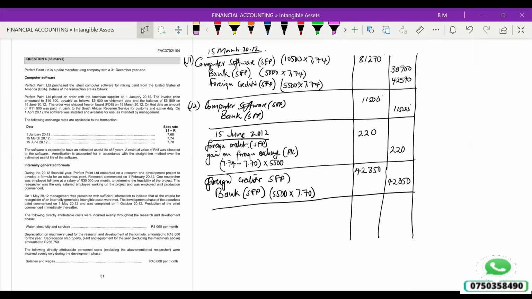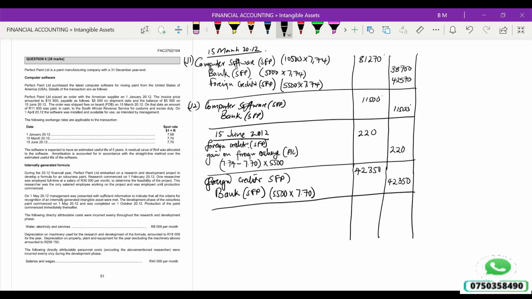On 1st of April, we don't have any transaction. Aren't we supposed to calculate depreciation? Depreciation, we don't calculate it on the 1st of April.